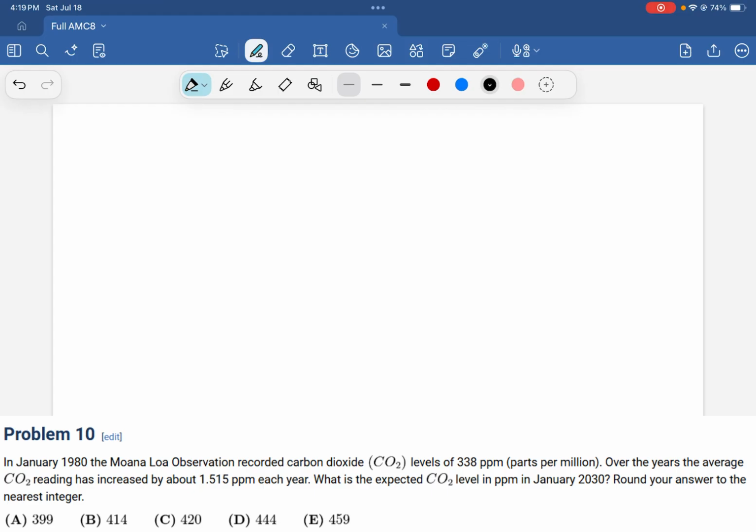So each year increases by 1.515, which means we start from 338 and plus 1.515 for every year that has elapsed. 2030 minus 1980 is just 50 years. So this is the answer we want, rounded to the nearest integer.